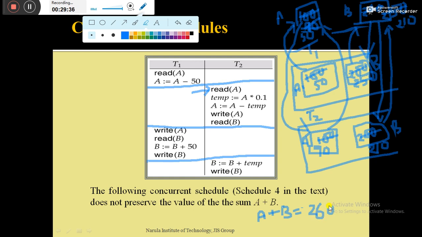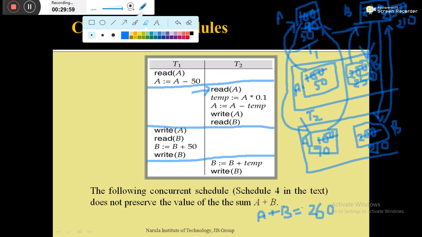Now if you look at when transactions started execution, at that point of time A plus B was 300. When the transaction was not executed, value of A was 100, value of B was 200. So A plus B was 300.